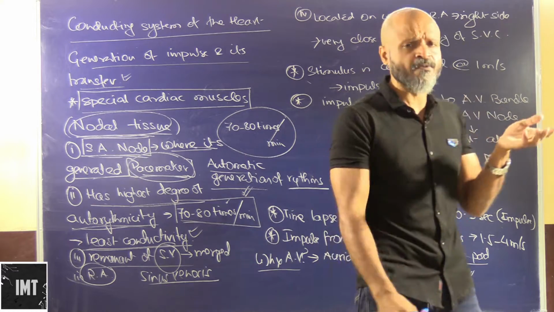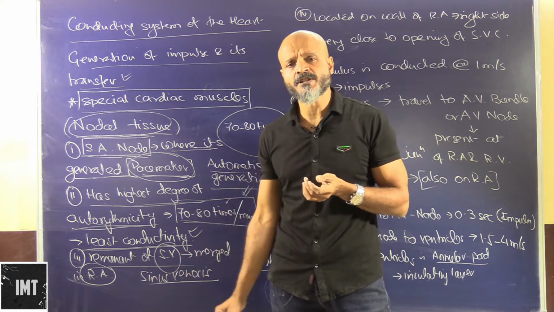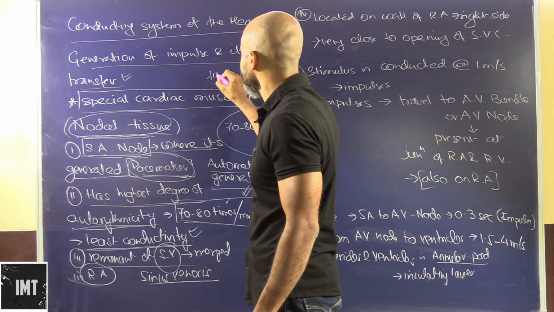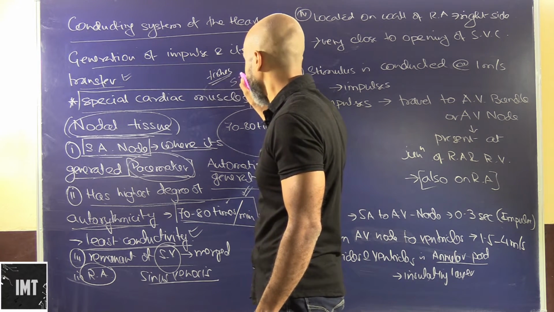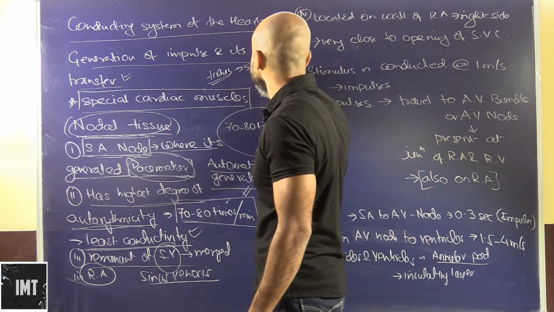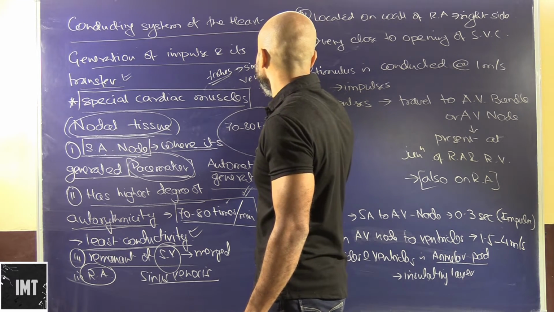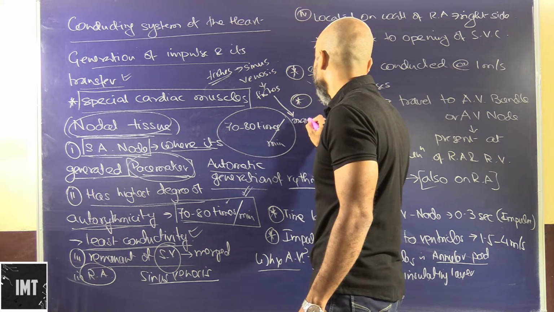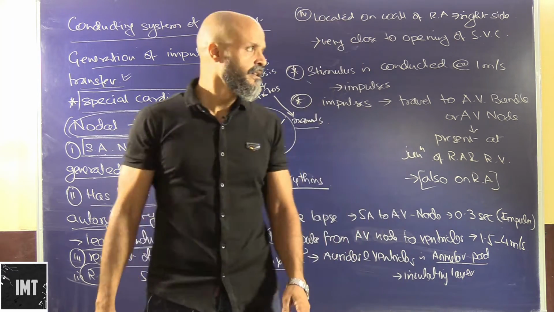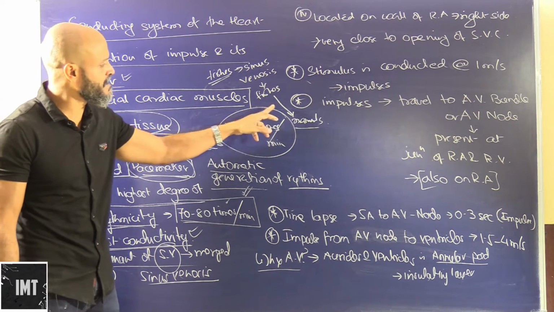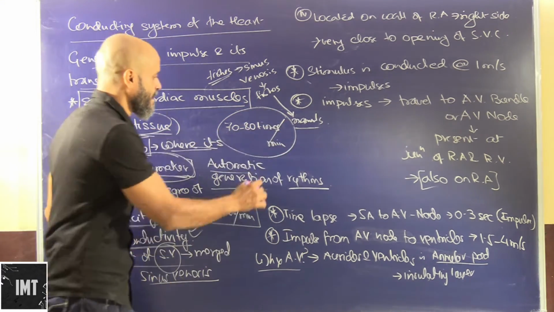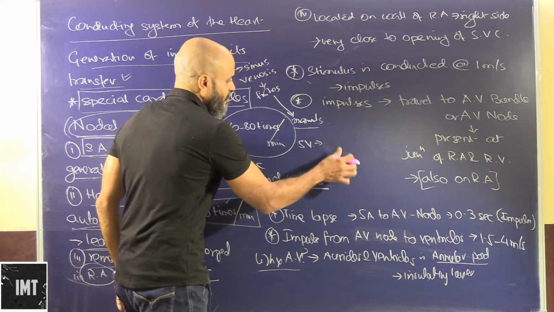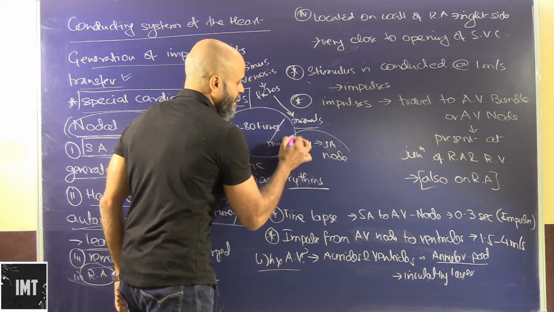Sinus venosus is an organ which is present in fishes, and in mammals it evolves and takes shape as the sinoatrial node.